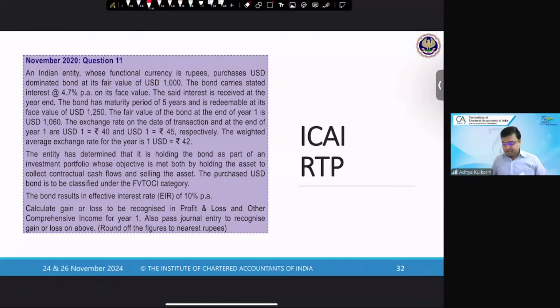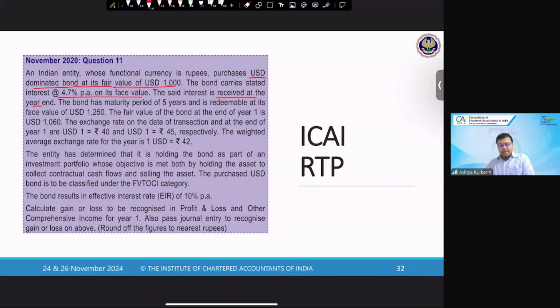All right, fine. This is again a nice one. An Indian entity whose functional currency is rupees purchases a USD denominated bond at its fair value of 1000 US dollars. The bond carries a stated interest of 4.7% on its face value. The said interest is received at the year end.